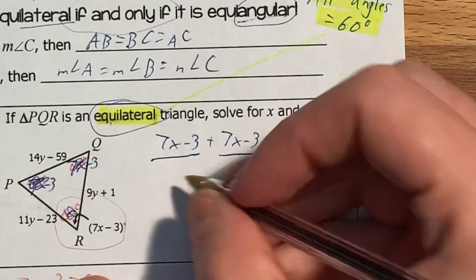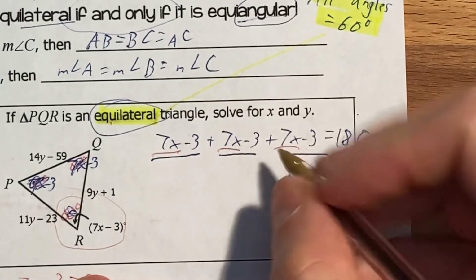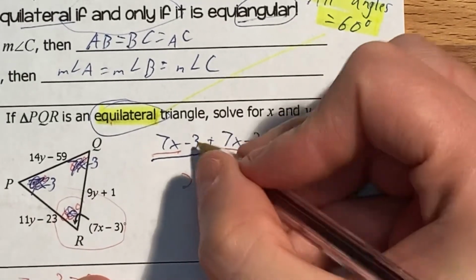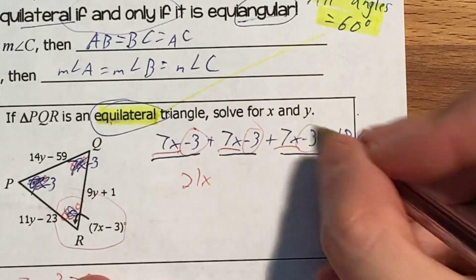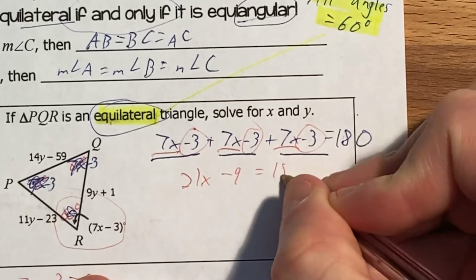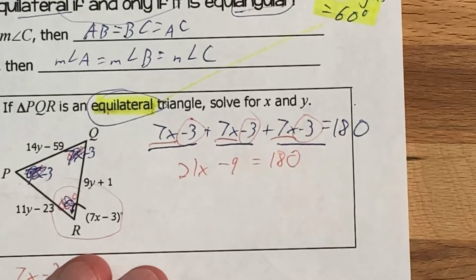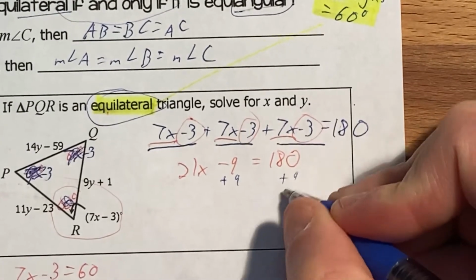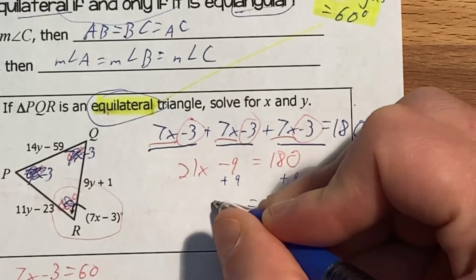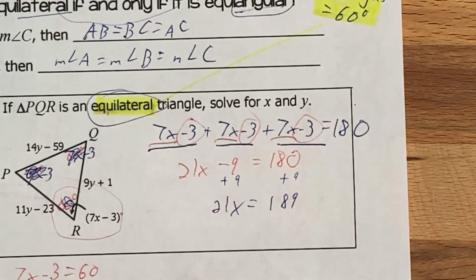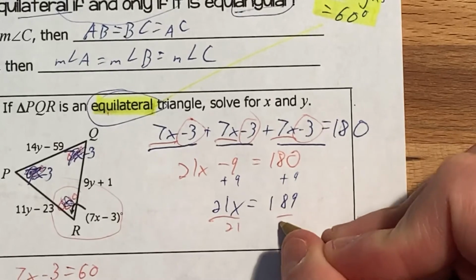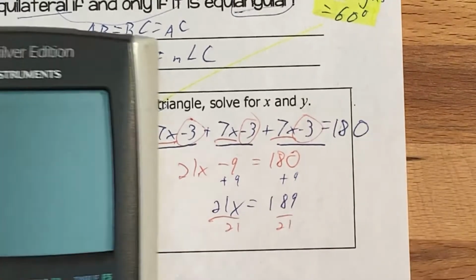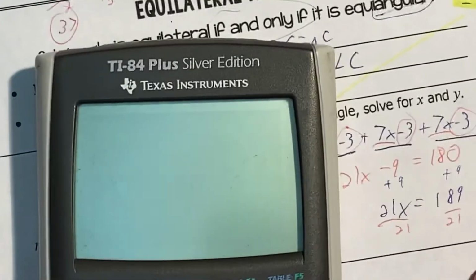So then if you combine like terms, you get 21x minus 9 equals 180. So combine like terms, and then you solve. So add 9 and divide by 21, and guess what?